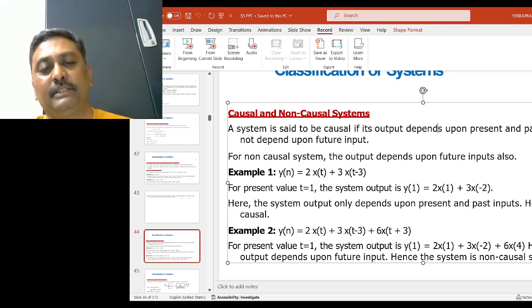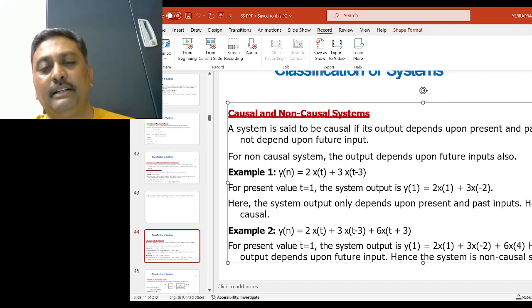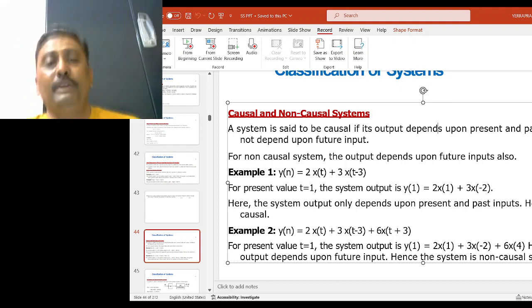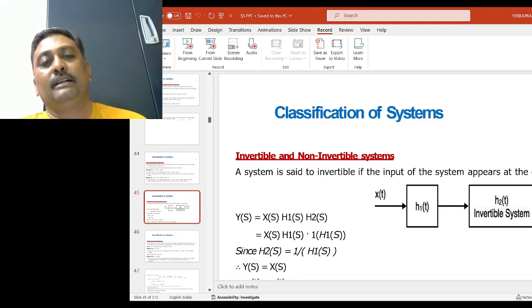The total equation becomes 2x minus 6x plus 24x, and minus 6x becomes plus 18x, plus 2x becomes 20x. So the system output depends upon future input. Hence the system is a non-causal system.